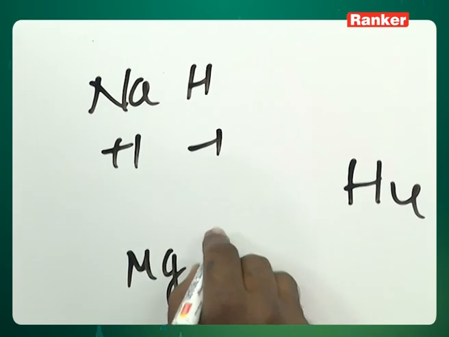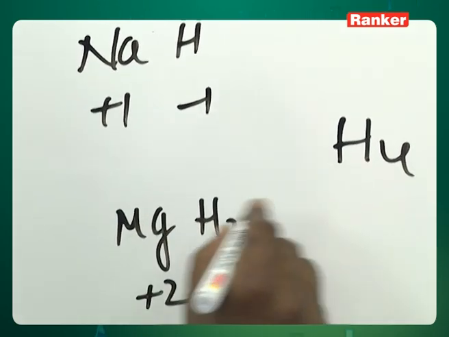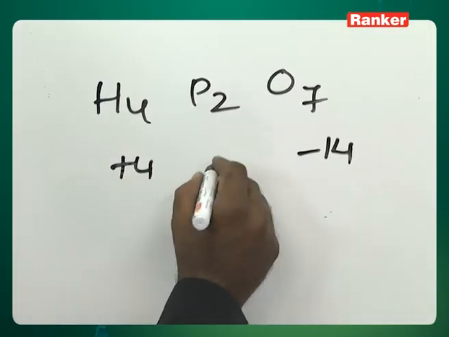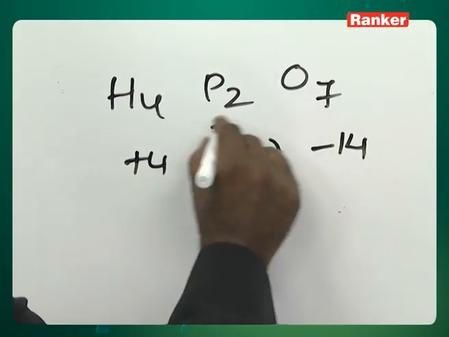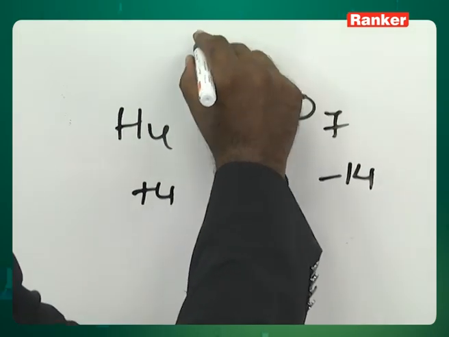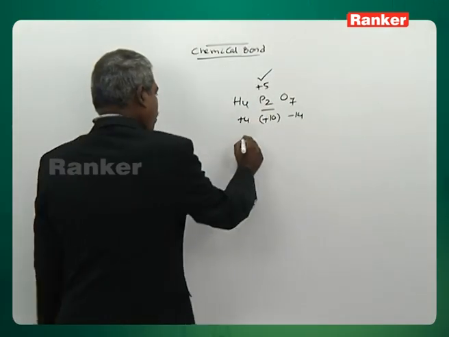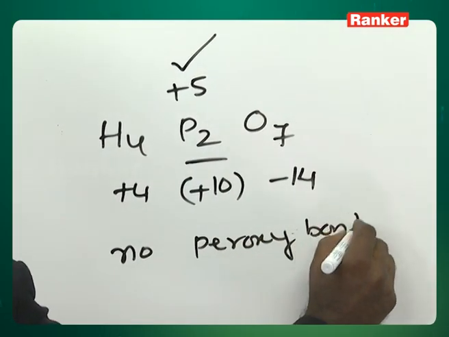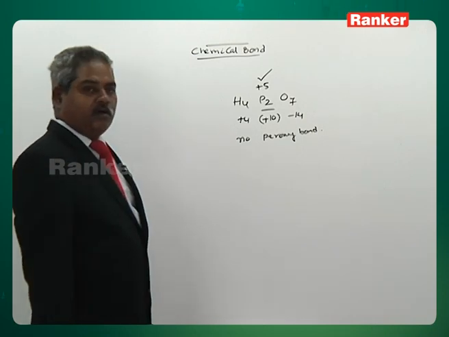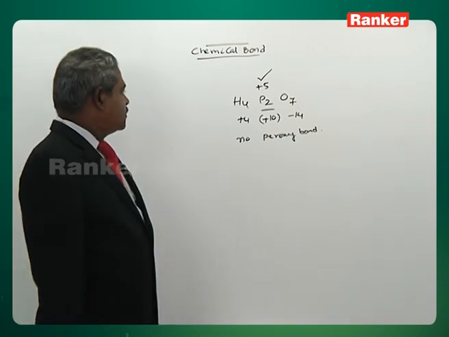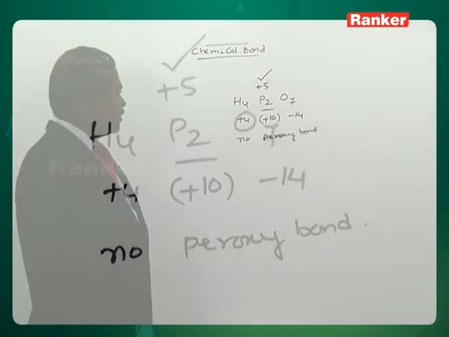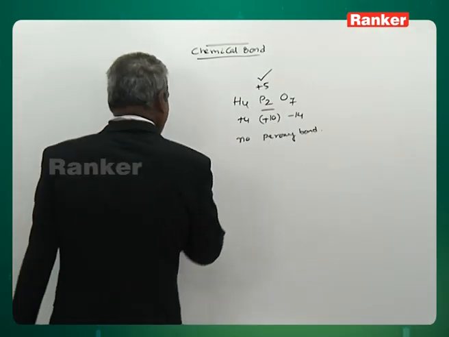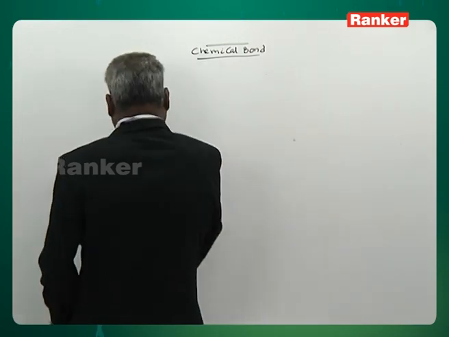MgH2, magnesium plus 2, which is fixed, so H is minus. So, plus 4, plus 10. Each phosphorus is getting plus 5, okay, therefore no peroxy. No peroxy bond. What do you mean by peroxy bond? Oxygen-oxygen single bond. H4P2O7, like this. Now, you try to find out whether there is a peroxy bond in this or not.